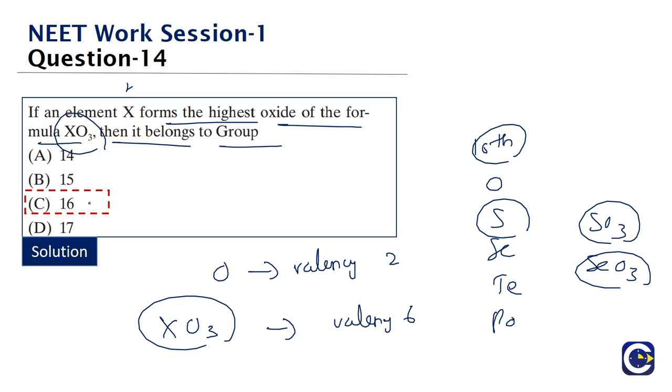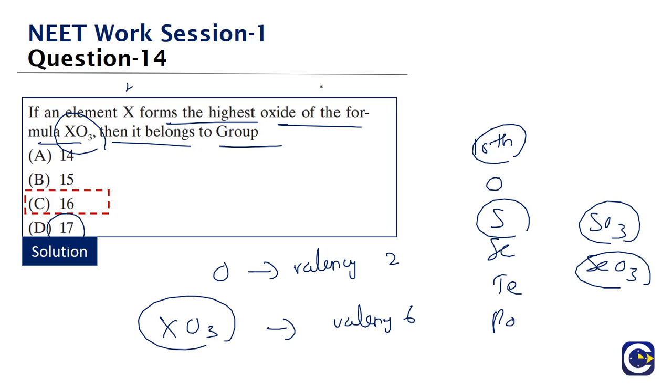The highest oxide shown by the 17th group will be in this form. The 17th group can show a maximum valency of 7.